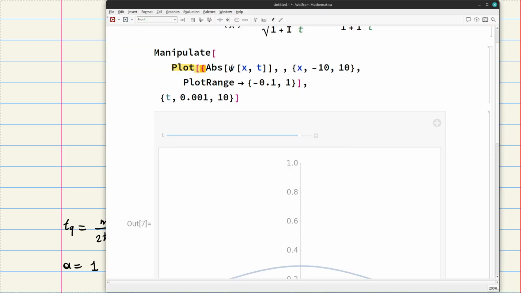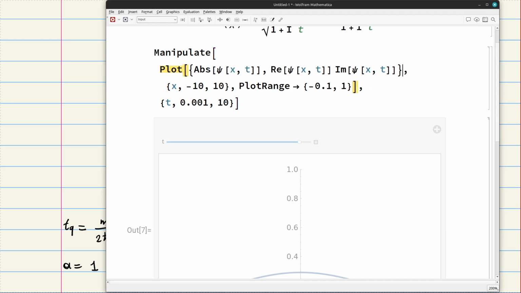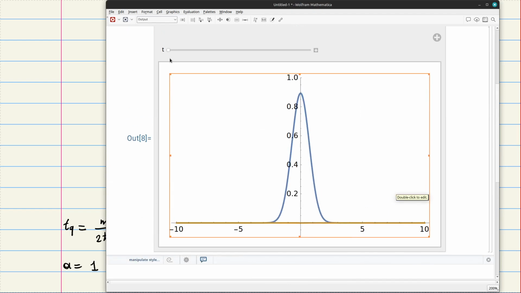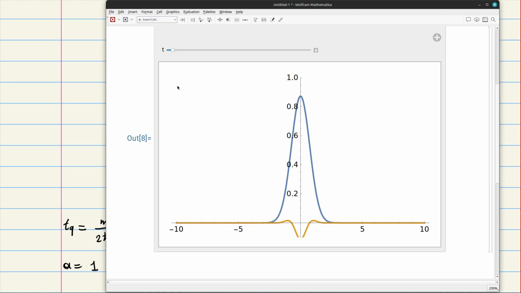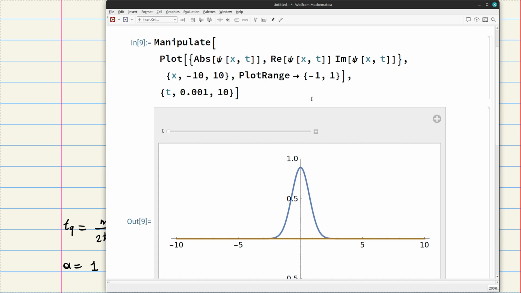So let's look at the real and imaginary parts. So this is real. And this is, I think it was something like im. Okay, let's try. If not, I can check. Let's go in time. Okay. Now I need to do, so this is real psi, imaginary psi. And this plot range, I need to do it from -1 to 1. Okay.